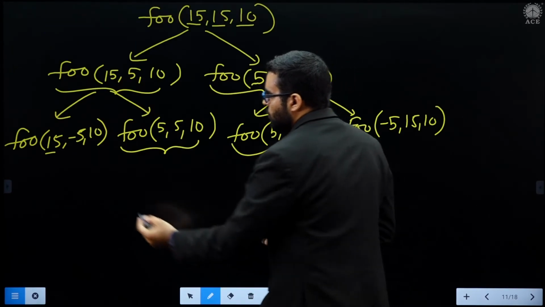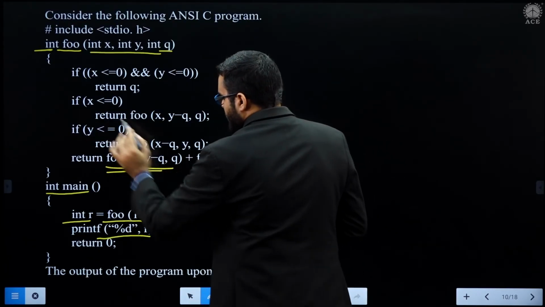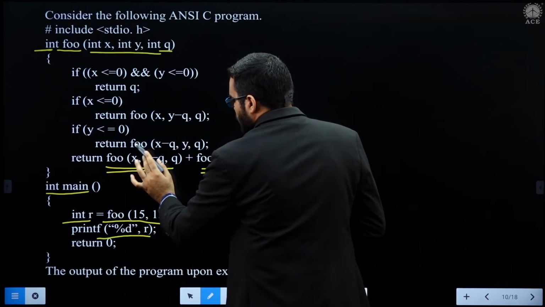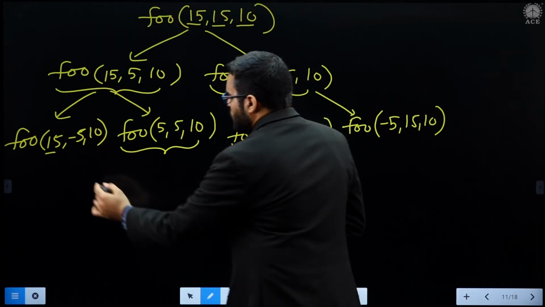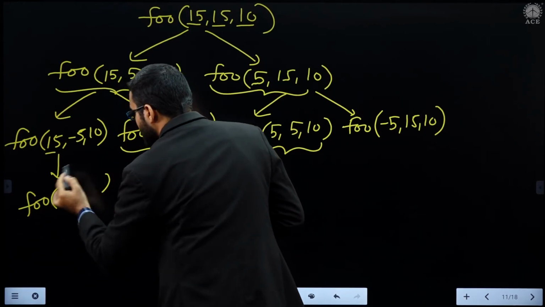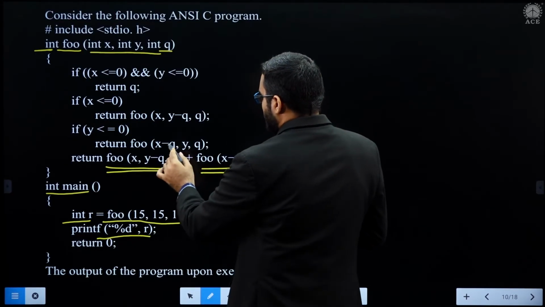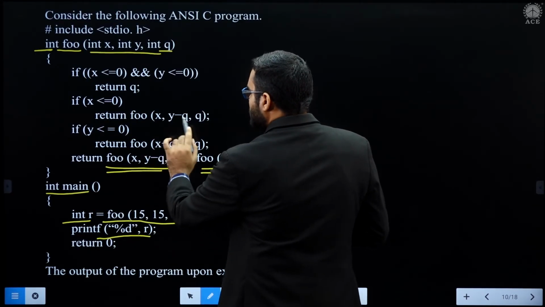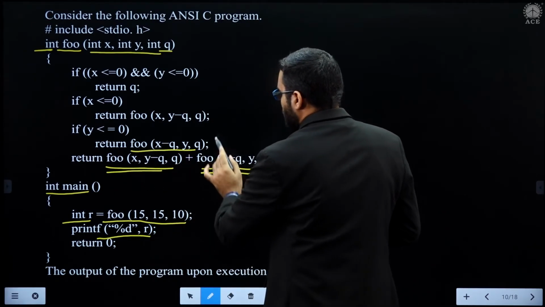Hence we will return foo of x minus q, y comma q.